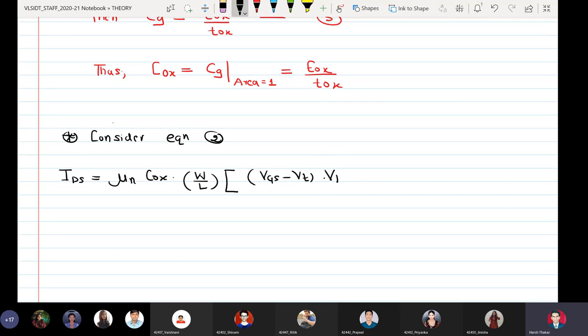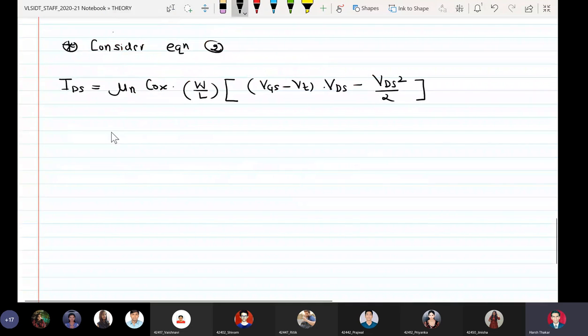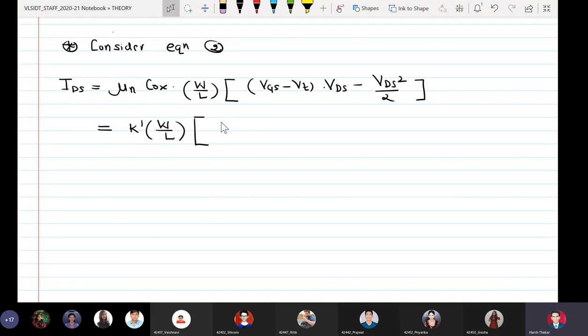VGS minus VT into VDS minus VDS square by 2 is equal to K dash into W by L into VGS minus VT into VDS minus VDS square by 2.